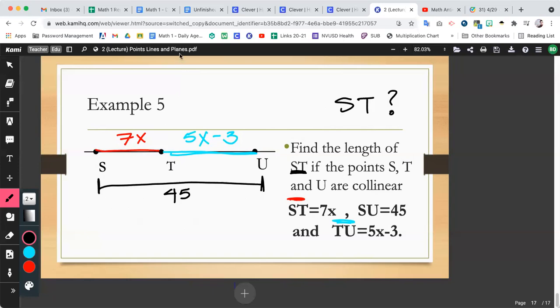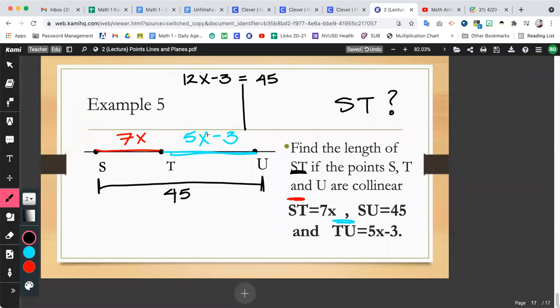How many x's is that? 12x. Very good. Again, thank you to kiddos in chat. Okay. I don't have any red numbers, but I have a blue minus 3, so I'm going to include that. And those things together equal 45.